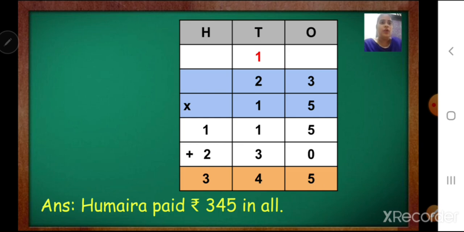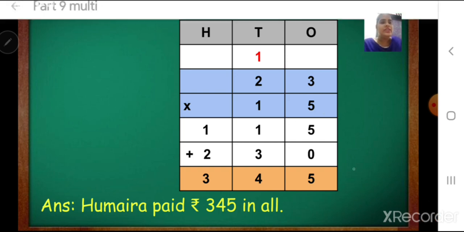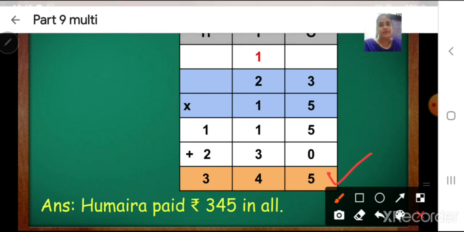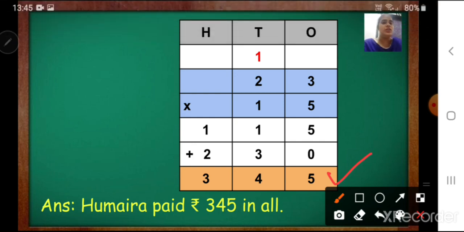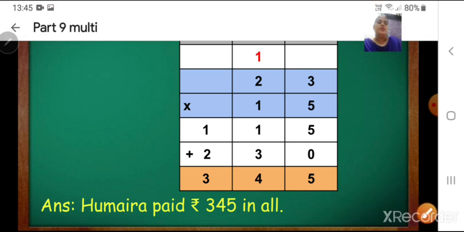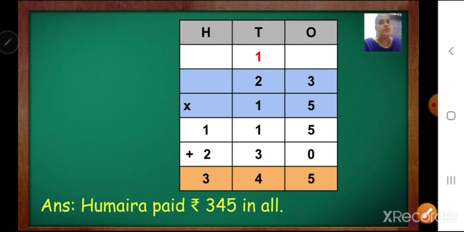We have to draw the columns, write the numbers, and multiply. When we multiply 23 into 15, we will get 345. So how much did Humaira pay in all? Humaira paid rupees 345 in all. So this is the way that we have to solve our word problems.